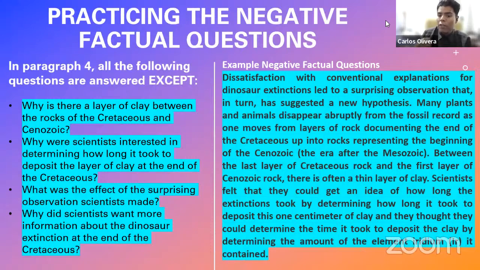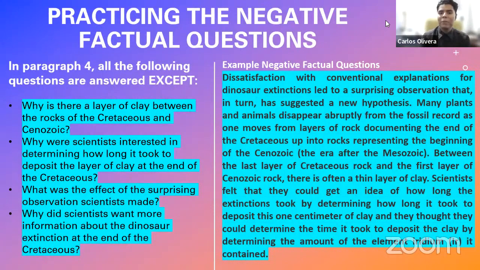It talks about how much time it took to deposit the clay by determining the amount of the element iridium, but it doesn't mention why it is there. It doesn't give any sort of explanation why there is in the first place a layer of clay between the rocks of the Cretaceous and the Cenozoic. If you read it, you're not going to find any single line talking about that.